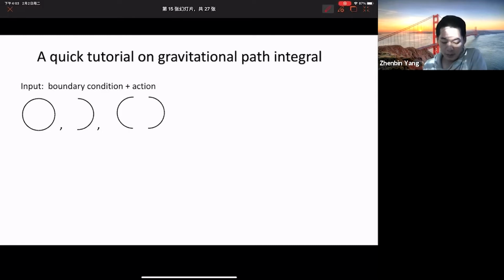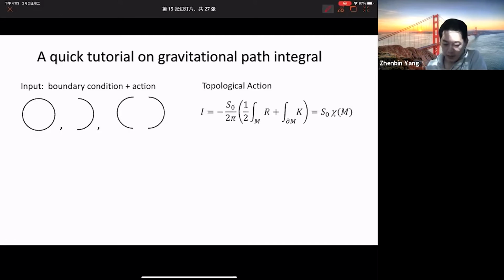The input is a boundary condition plus the action, because you cannot specify the bulk metric. The action we take will be just a topological action that only counts the topology of the bulk geometry. And the output will give you all smooth geometries that are compatible with the boundary condition.